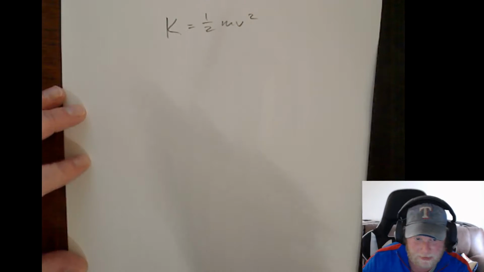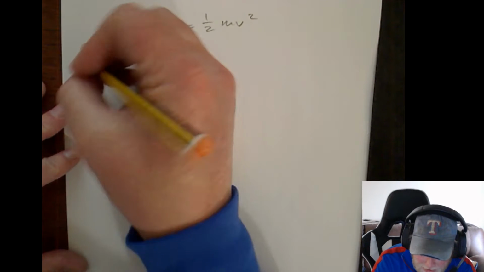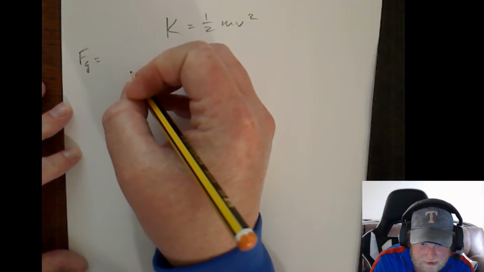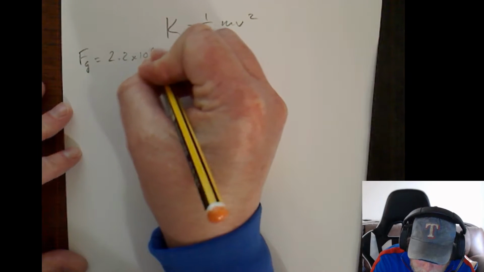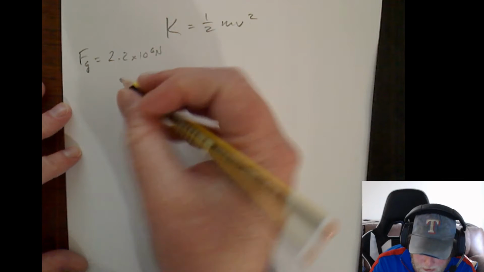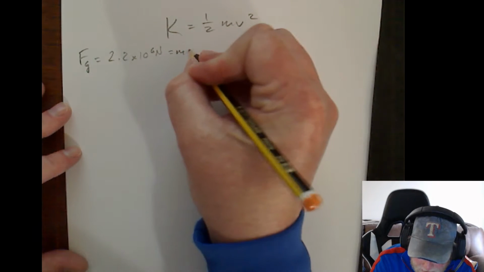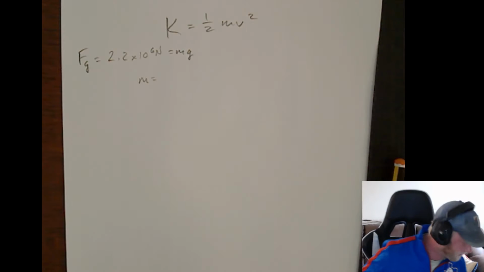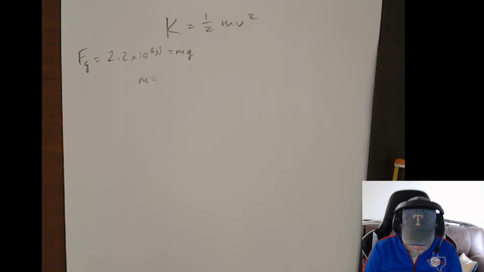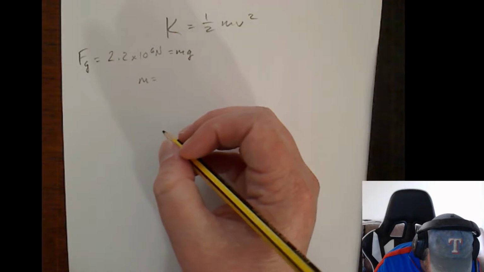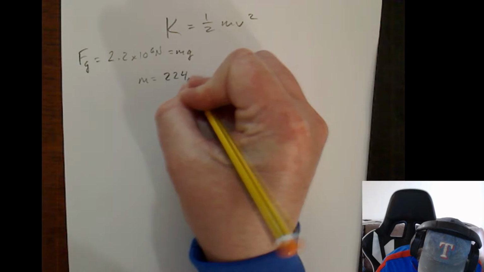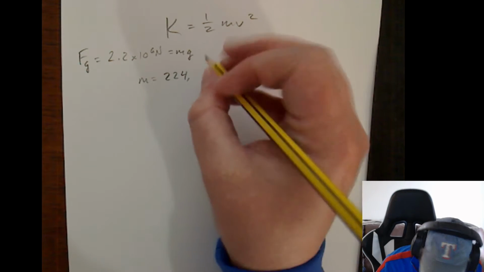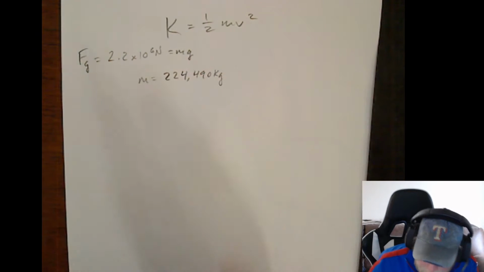All right, let's go ahead and just start by listing out what we know. We know that the weight of the airliner is 2.2 times 10 to the 6 newtons, which means, if weight is equal to mg, its mass would be 2.2 times 10 to the 6 divided by 9.8, which would be about 224,490 kilograms.